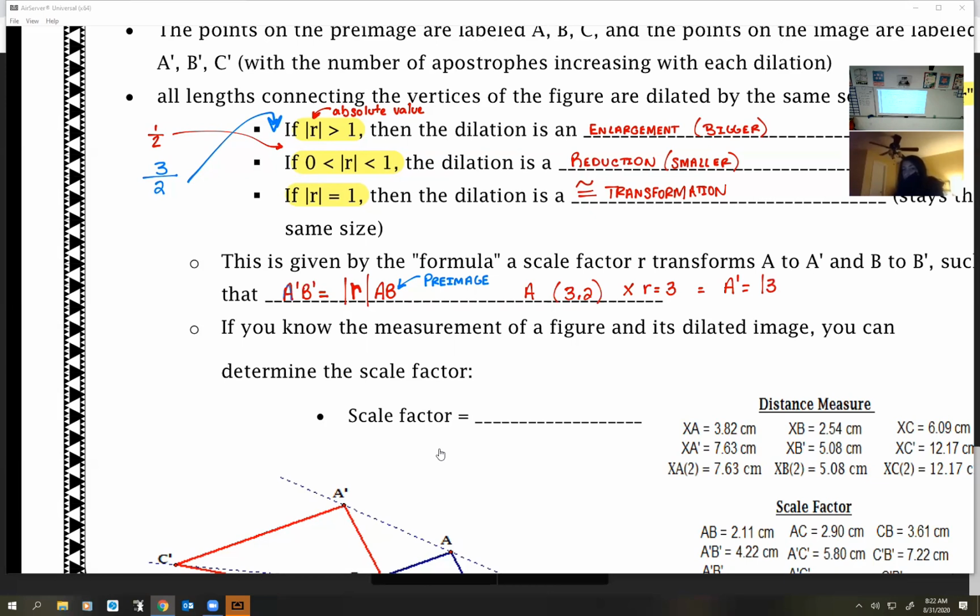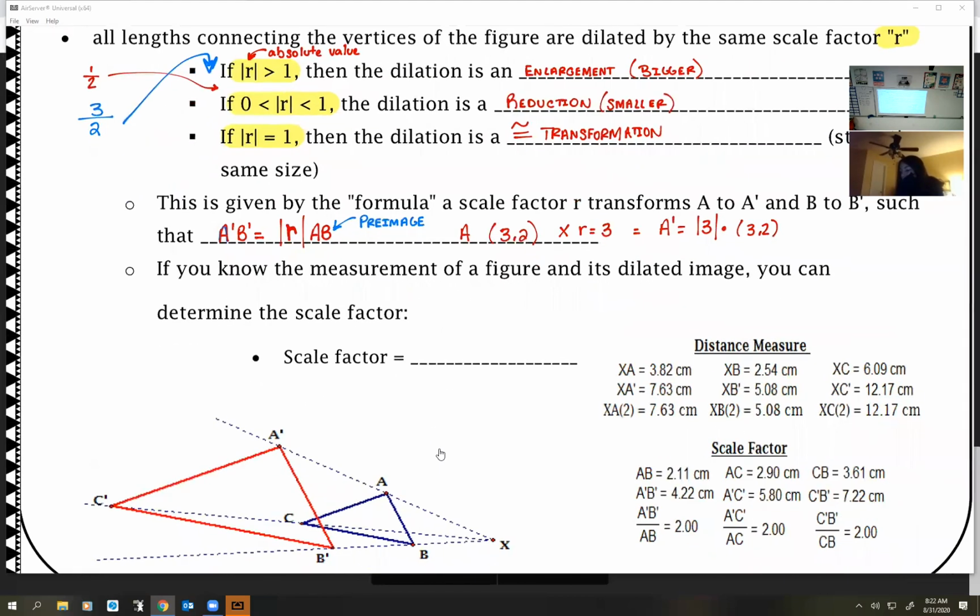Don't put a parenthesis there, dummy. Multiplied by 3 comma 2. So what would our new image be? 3 times 3 is 9. 3 times 2 is 6. Dilations are super easy, guys. We're just taking our scale factor and multiplying it into both. Pretty cool, huh?